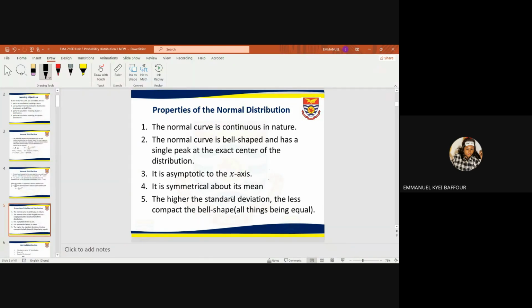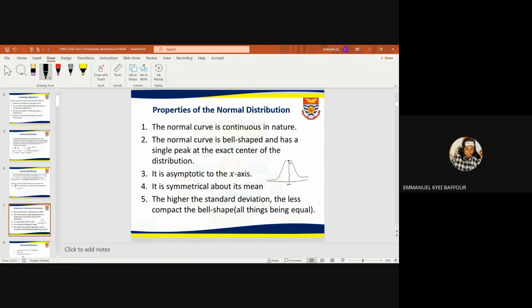And it's also symmetrical about the mean. We said it is bell-shaped, but it's peaked at only one point. Assuming the peak is here, that peak represents the mean, mu.